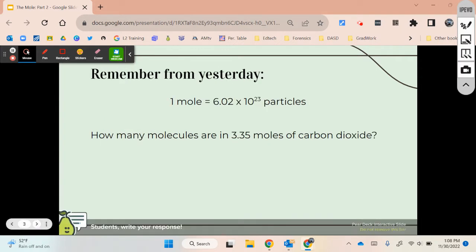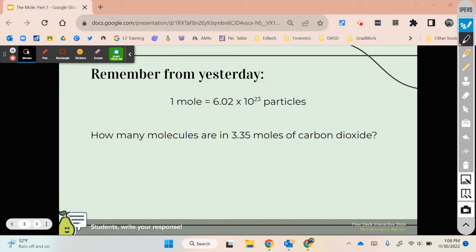So what we learned from yesterday is how to convert from moles to molecules, molecules to moles, moles to atoms, etc. So when you see this conversion factor, this one that we're going to be noticing coming up very frequently, I can sub out this word particles for atoms or molecules or what we call formula units.